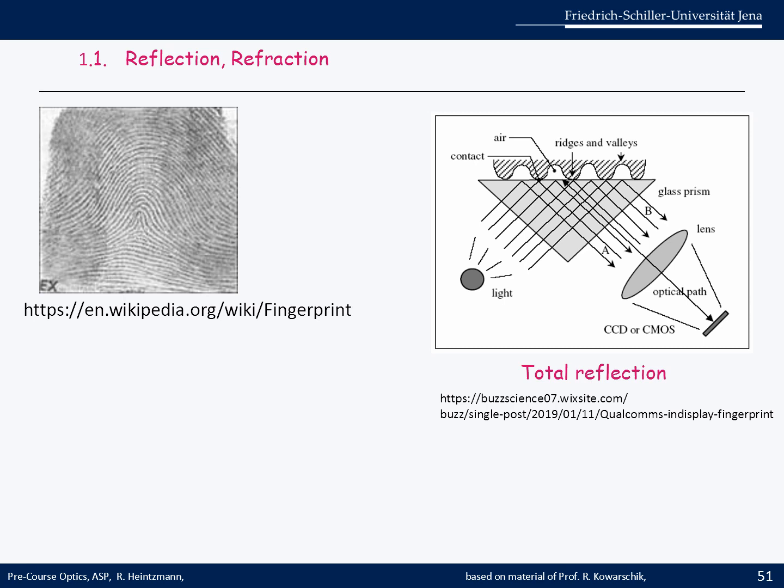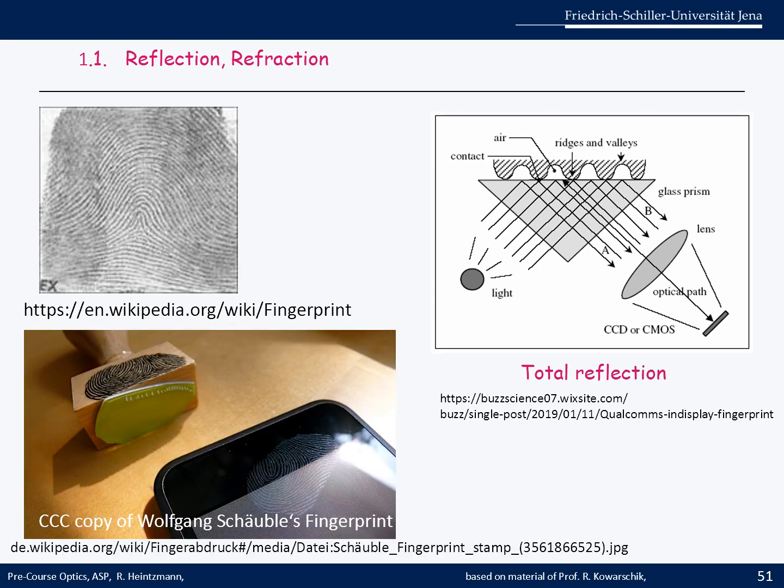And of course, this is also how the mobile phone fingerprint sensors work. Interestingly, I show this because it is kind of a fun story. The Chaos Computer Club in Hamburg once showed that this idea of safety with fingerprint devices is really not necessarily a good idea.